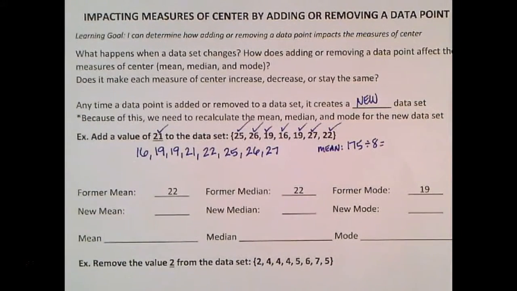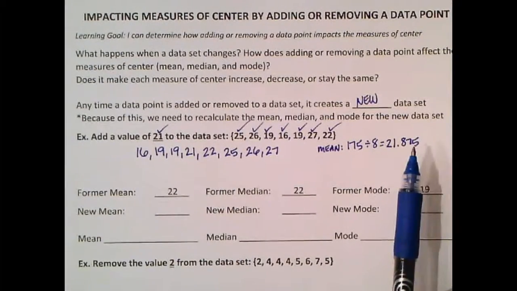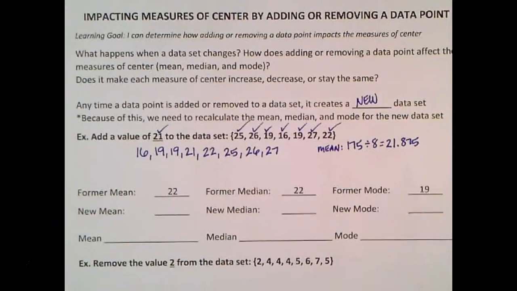And that gives us an answer when you plug it into a calculator. Go ahead and do that. An answer of 21 and 875 thousandths. Now, if you know your decimals to fractions off the top of your head, that is 7/8 right there. So you could also represent it as a mixed number.